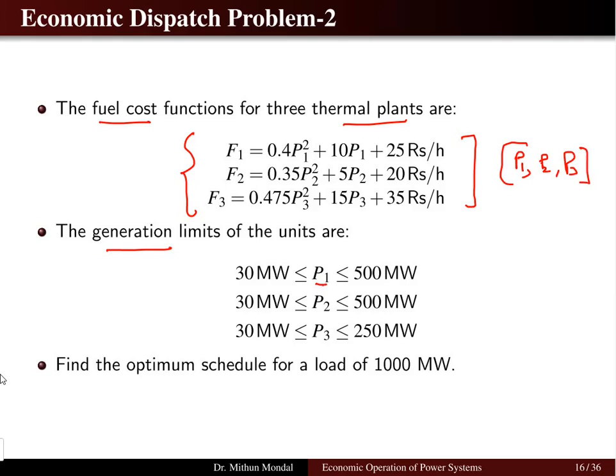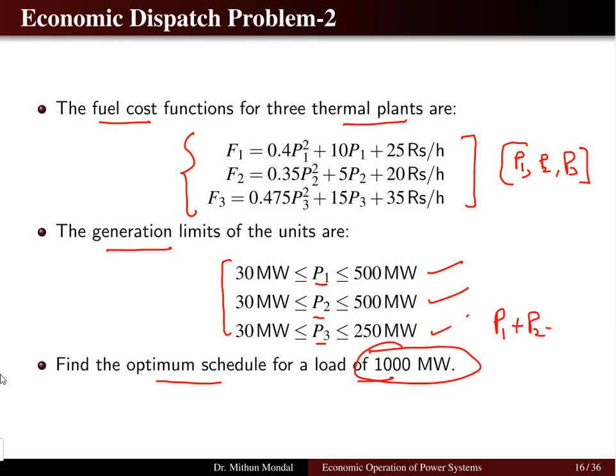These powers have a lower limit of 30 megawatt, and the upper limit is 500 megawatt for P1, 500 megawatt for P2 and 250 megawatt for P3. What is the optimal schedule for a load of 1000 megawatt? A maximum demand of 1000 megawatt means P1 plus P2 plus P3 will be equal to 1000 megawatt.